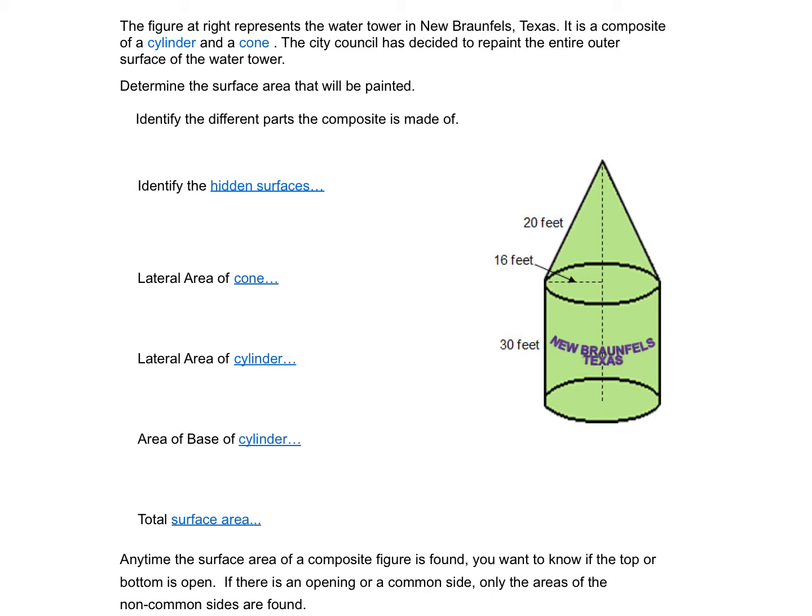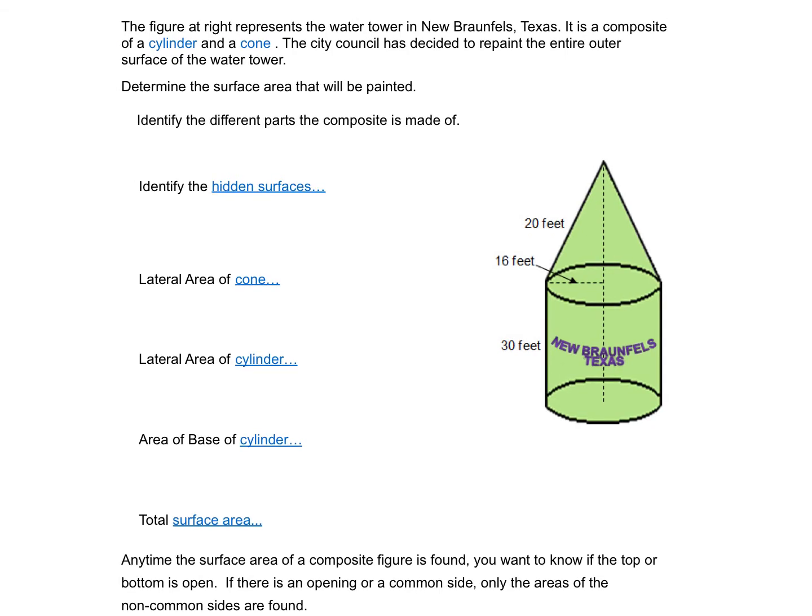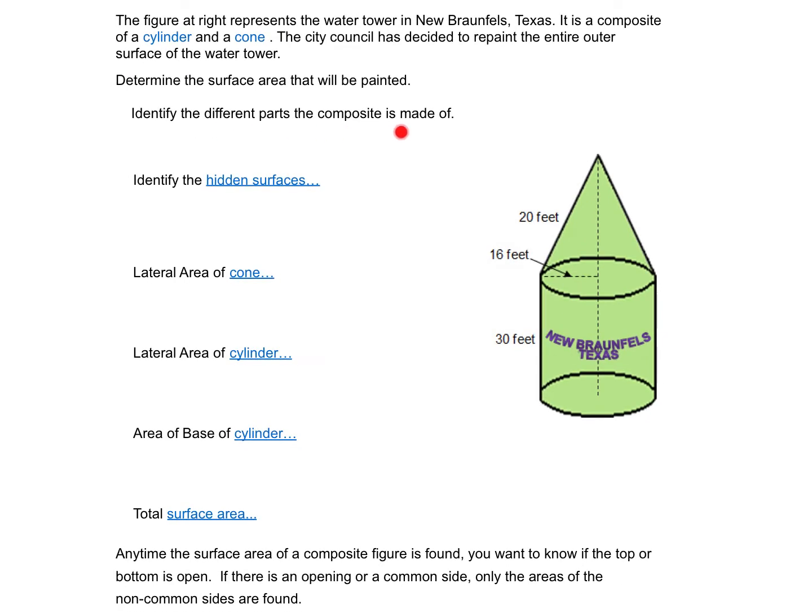So our first step is to identify the different parts the composite is made of. And it's a cylinder and a cone. Here's our cylinder and our cone. All right, now let's identify our hidden surfaces.